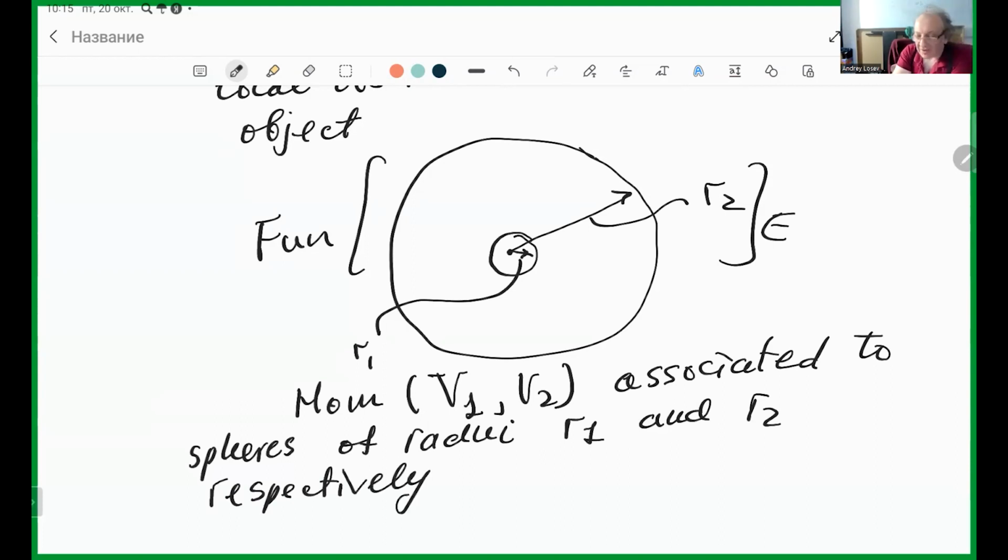Here I wrote them as circles, but you should understand them as disks, okay? So this is actually a ball in dimension 4.